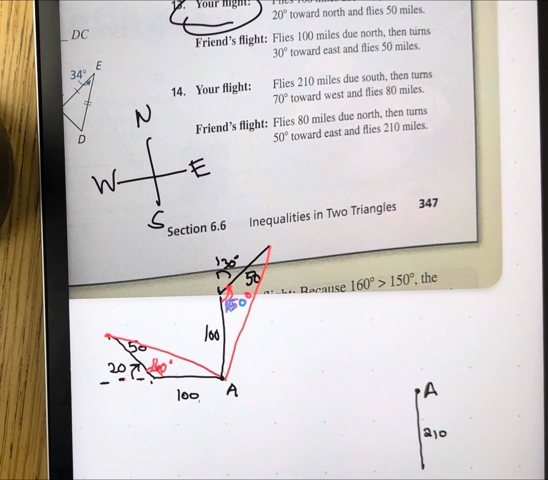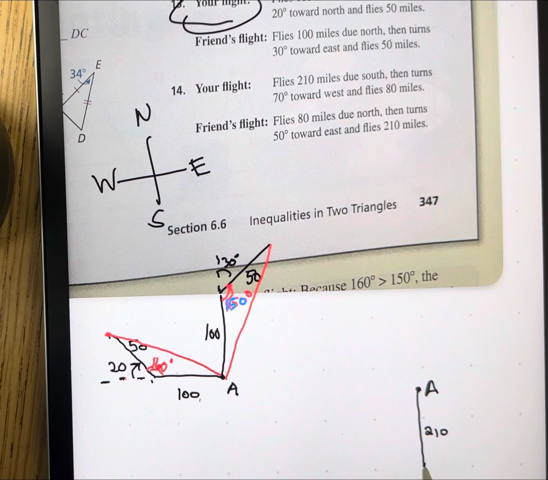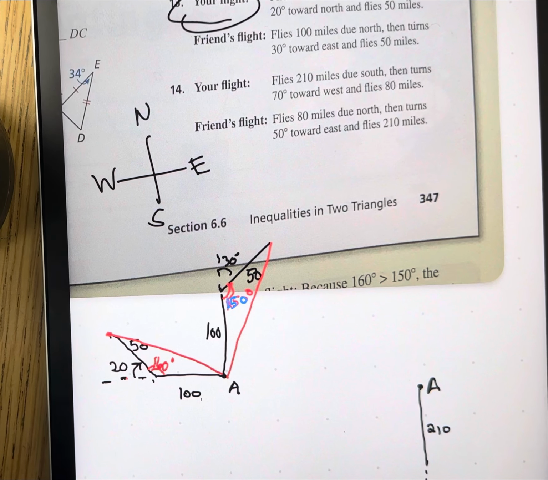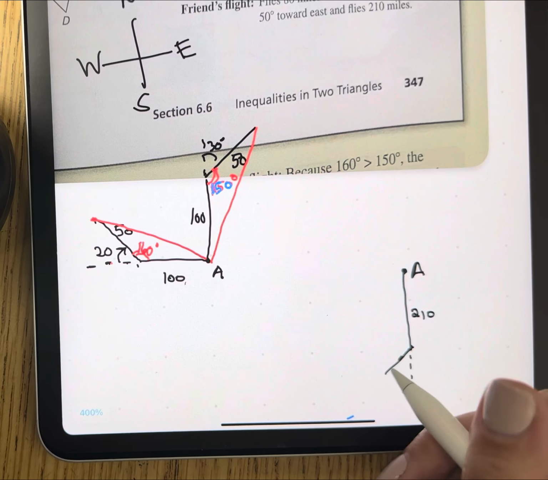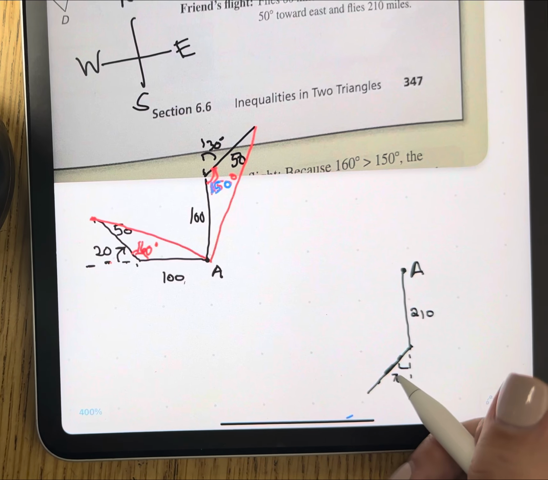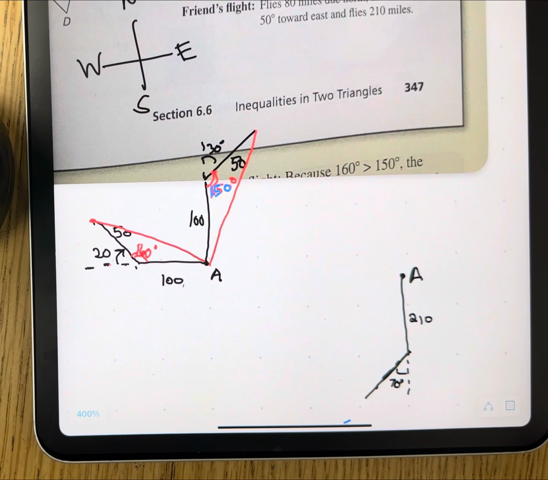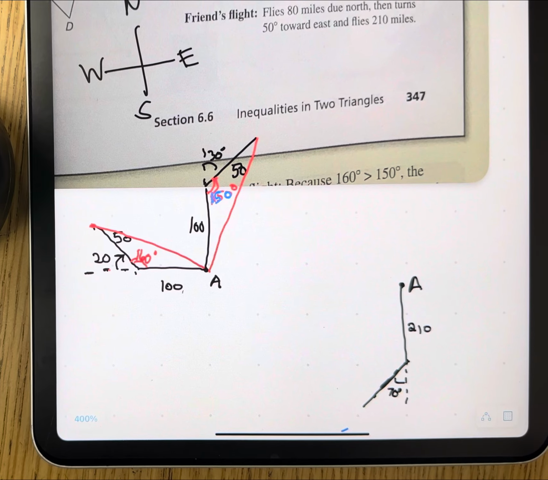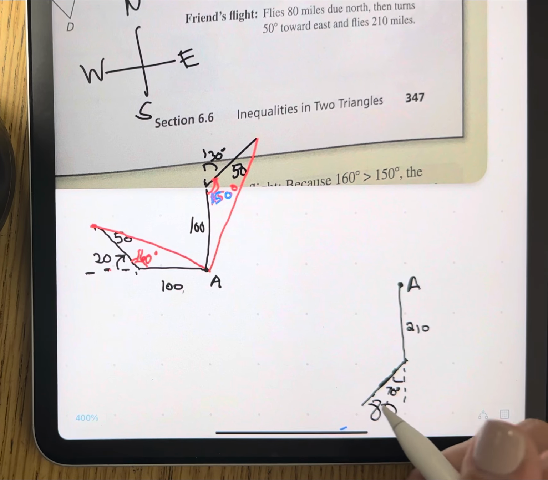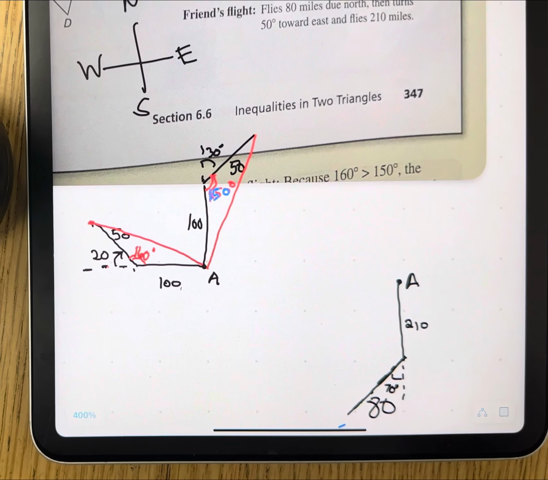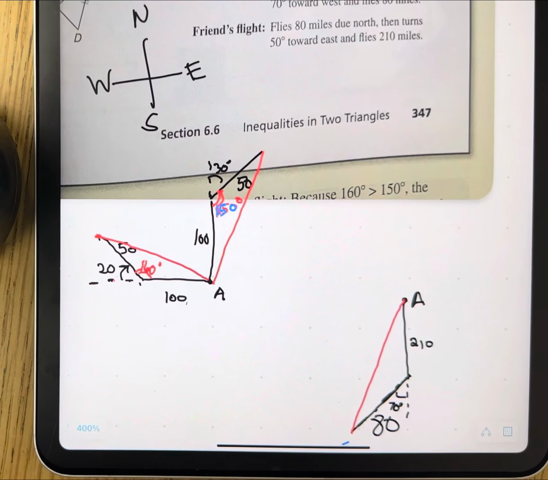And then I turn 70 degrees toward west, which is to the left. This is 70. And then I go that way 80 miles. This way. And now I am however far that is from the airport.